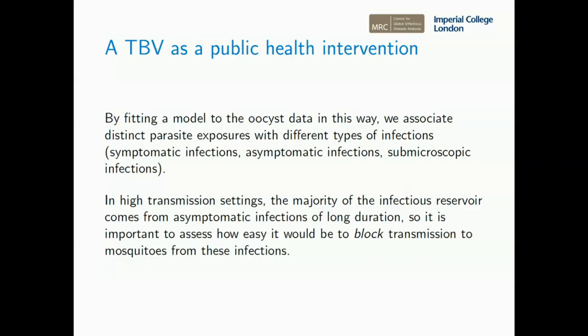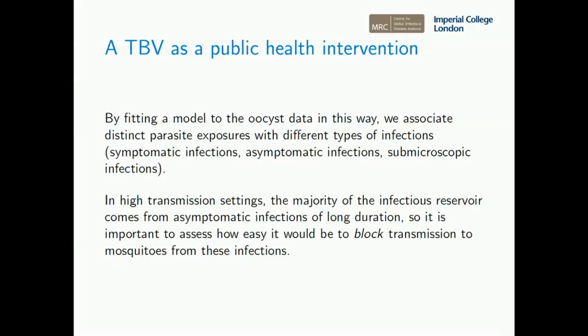Okay, so using those assumptions, we can associate different parasite exposures with different types of infections in the model. And one reason we were really keen to do this was that in high transmission settings, a big part of the infectious reservoir is from these asymptomatic infections of long duration.